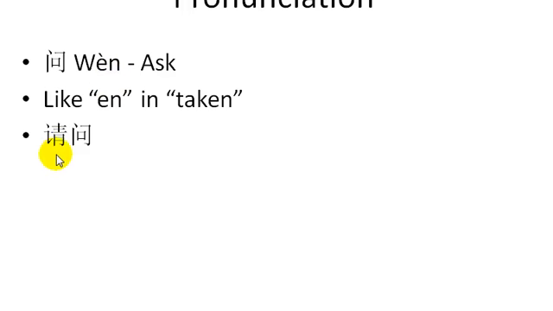And in our text, we took the word qing, which means please, and wen, which means ask, to form the Chinese word for excuse me or pardon me. So let's try that together. 请问，请问，请问. Great.